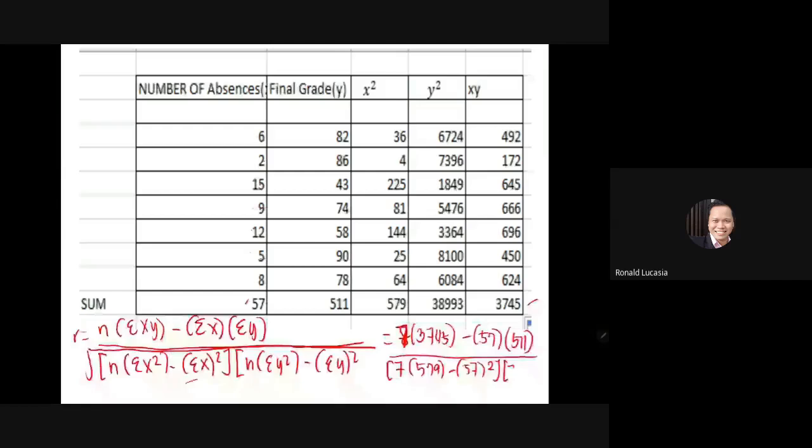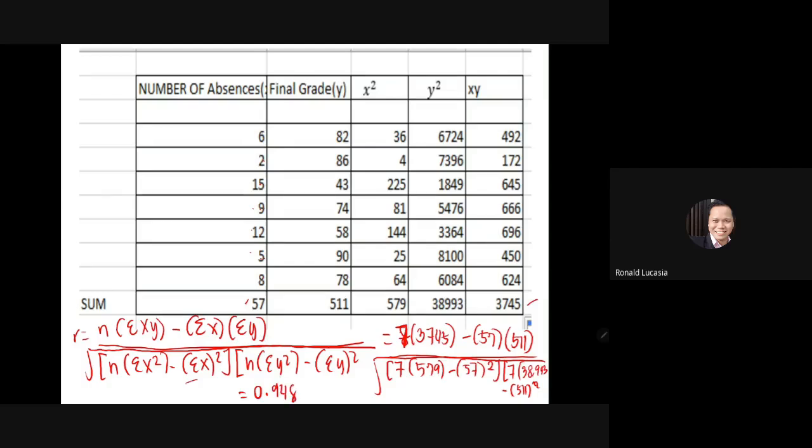Summation of y squared is 38,993 minus the summation of y, which is 511 squared. And then it should be squared. So the result of that, when you are going to simplify, is 0.948, 3 decimal places. Okay?